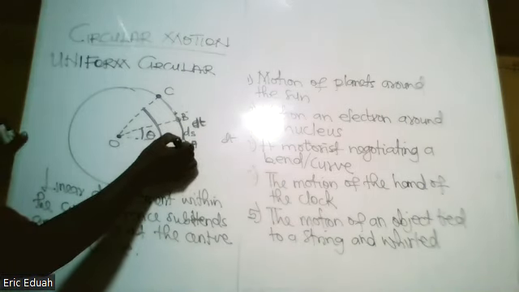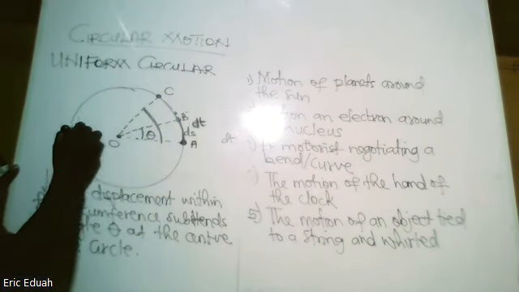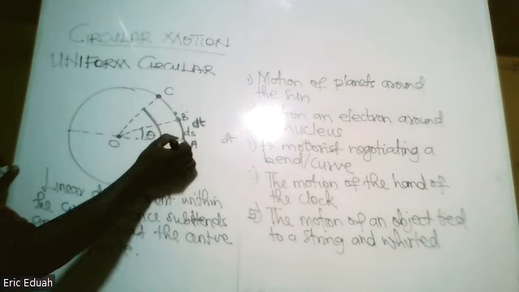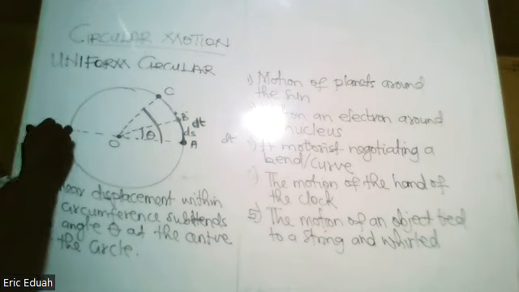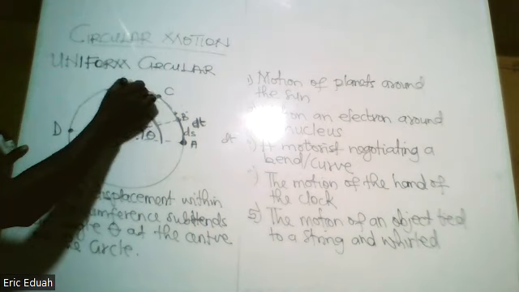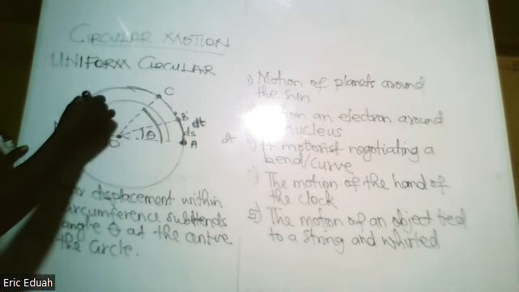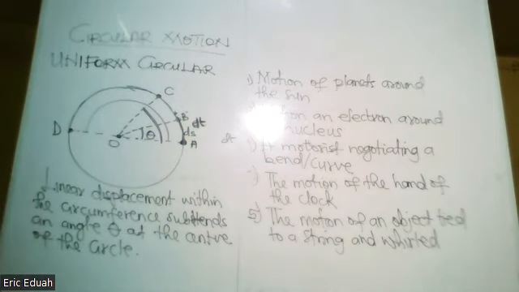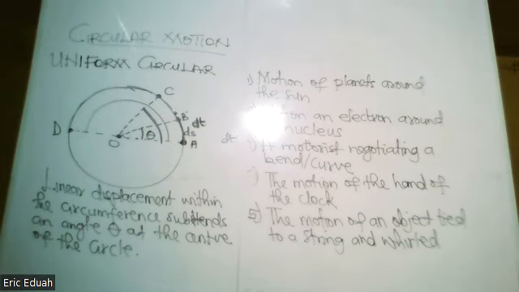When the body goes through half of the circumference, meaning it is moving from this point to this point, let's assume this is a point D. You realize that there's the whole distance or linear displacement within the circle. And then this is the whole angle corresponding to it. Okay, the greater the linear displacement within the circumference, the greater will be the angle subtended at the center.